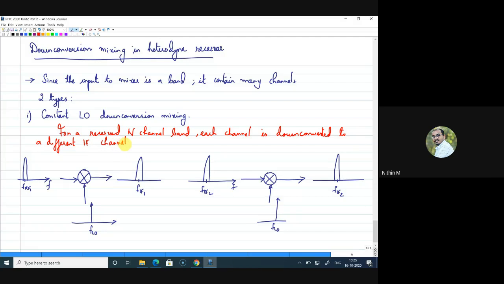So each RF channel is down converted into a different IF channel such that LO frequency remains constant. So here LO remains constant.